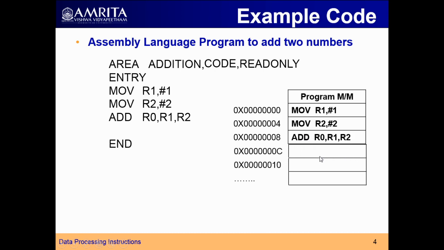When the processor sees that there is no program in that location, what will happen? A prefetch abort will happen. The processor will move to abort mode of operation and the normal execution will be stopped, because it cannot see any instruction there.